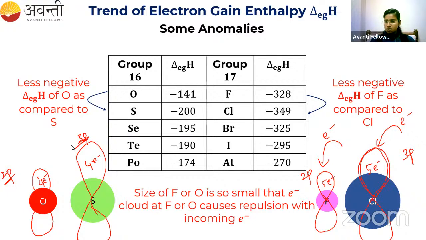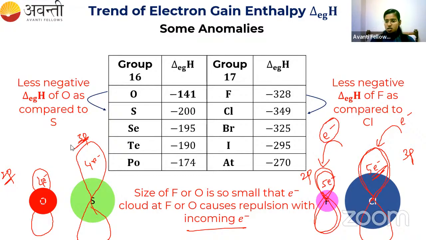The size of the orbital is big, so the incoming electron will not experience that much repulsion from the electrons already present inside that orbital. In the same way, for fluorine, we have 5 electrons, and the electron which we are going to add is called the incoming electron.